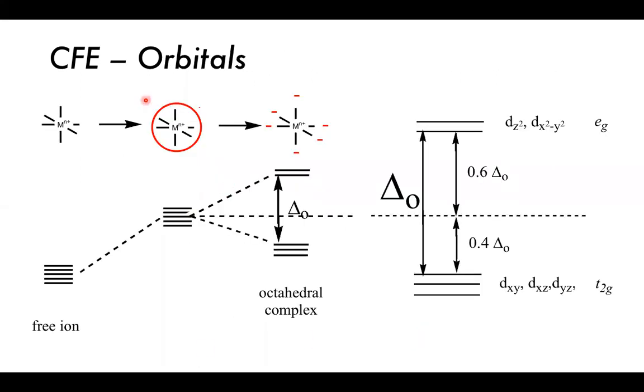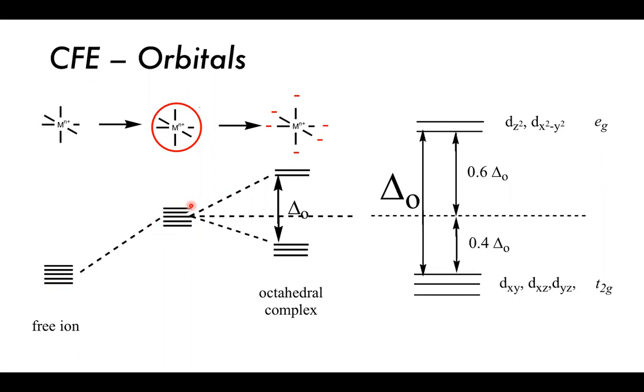So obviously we saw this part on the left first. We saw the free metal ion with its relatively low potential energy, 5 degenerate orbitals. Then when we applied this sphere of negative charge, we saw that it increased the energy of the 5d orbitals, but they still remained degenerate because the influence of the electron density of the ligands was expressed equally over the surface of the metal.